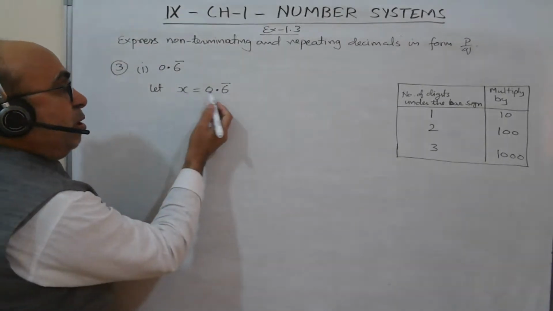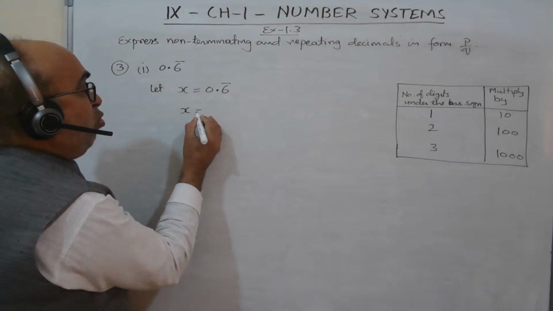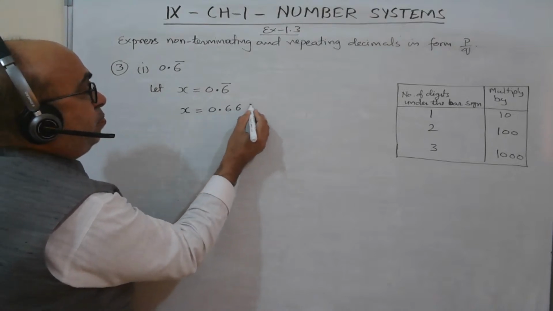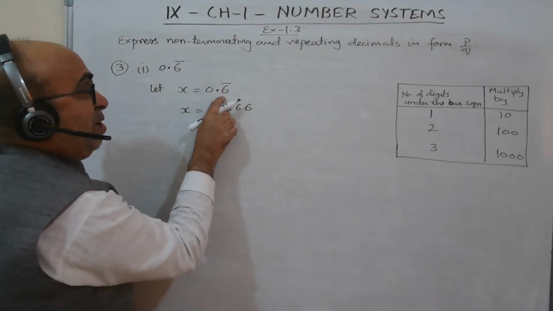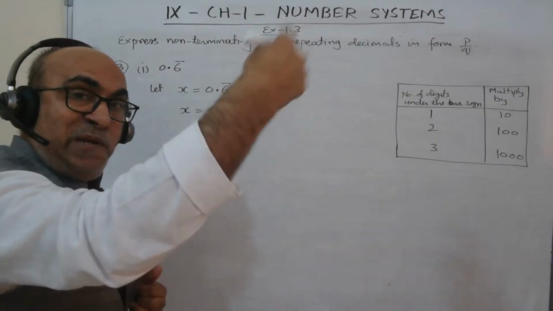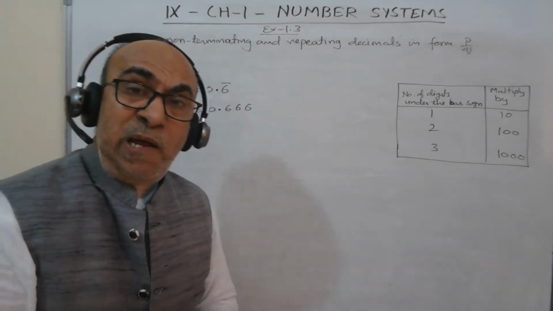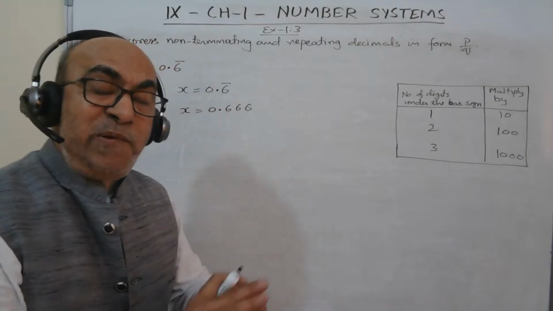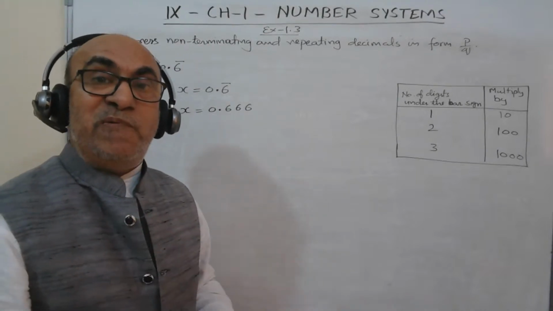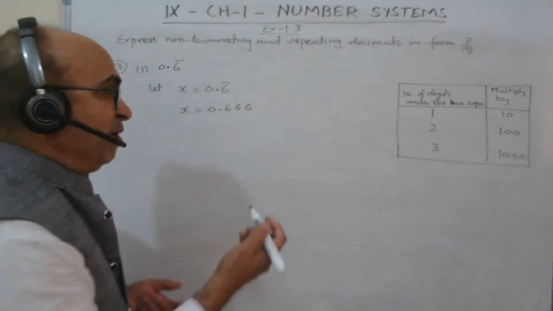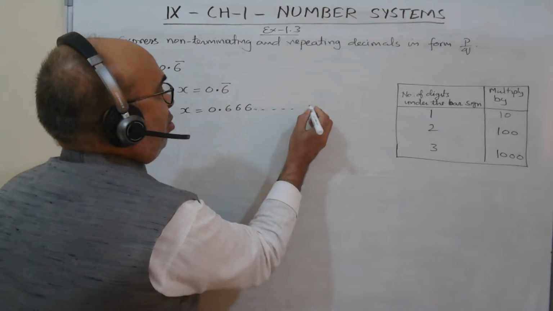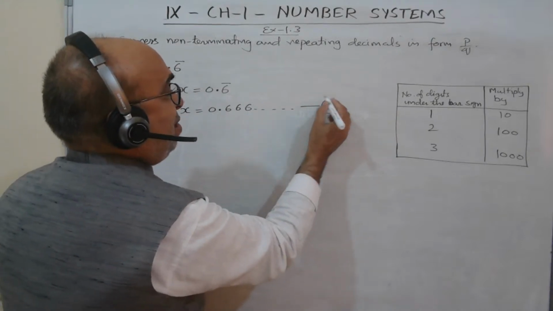Then you write the number without the bar. This bar means 6 is repeating. How many 6s can we write? Infinitely many. But it is not possible to write all the 6s, nobody can write them. So here we will write dot dot dot, and we take this as equation 1.